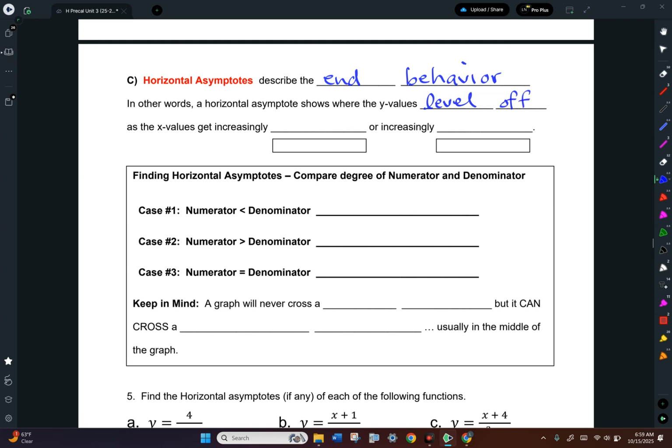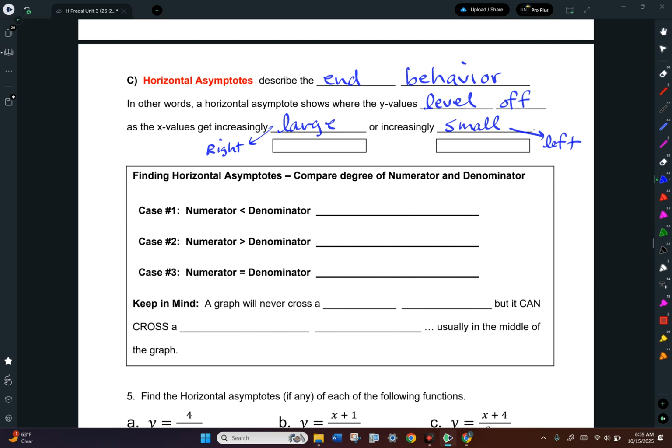Okay, it shows where the graph levels off, or the y values level off as the x values get increasingly large, meaning as you go out to the far right of the graph, or as the x values get increasingly small, meaning you're going out to the far left side of the graph.